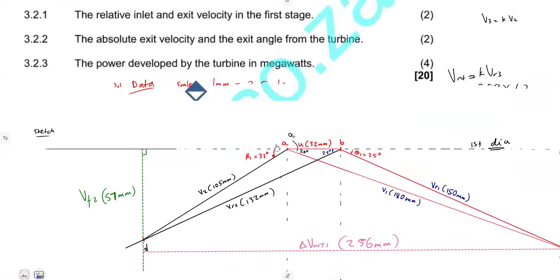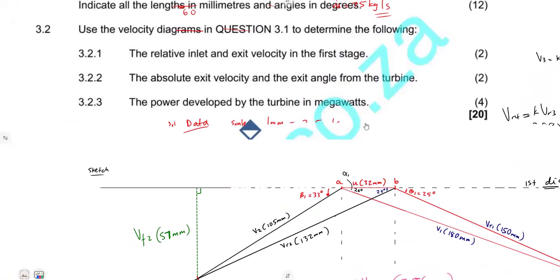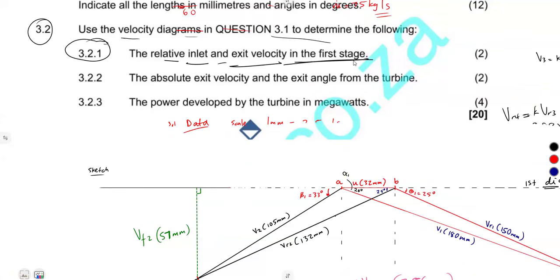Okay, so let's answer or attempt the other questions as we are given. 3.2, and use the velocity diagrams that we had from 3.1 to answer this. 3.2.1, the relative inlet and exit velocity in the first stage.